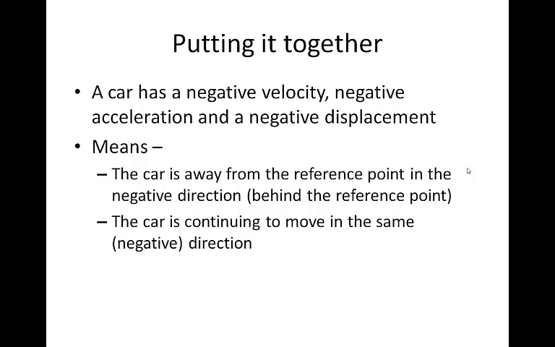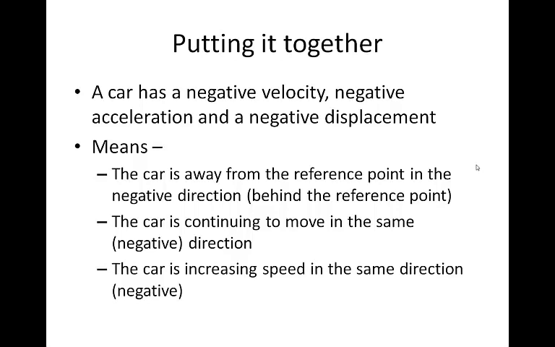So it is moving away from the reference point in that same negative direction, and it's increasing speed in the negative direction. Okay, so if we define to the left as negative, it's moving to the left, it's continuing to move, and it is speeding up and moving to the left faster and faster and faster.